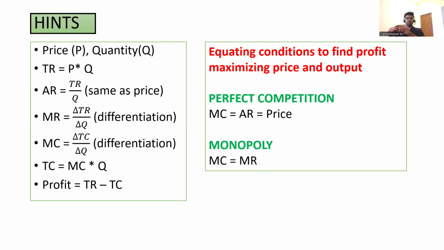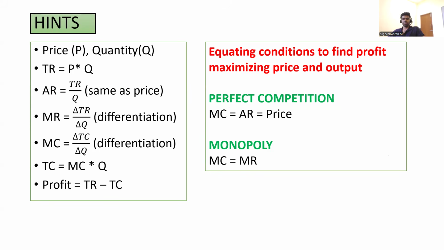Before going into this, there are a few things that you have to know. The first one is equating conditions. See the right side box, that is the equating conditions to find the profit maximizing price and output. For perfect competition, we have to equate MC, that is marginal cost, with the average revenue or price.